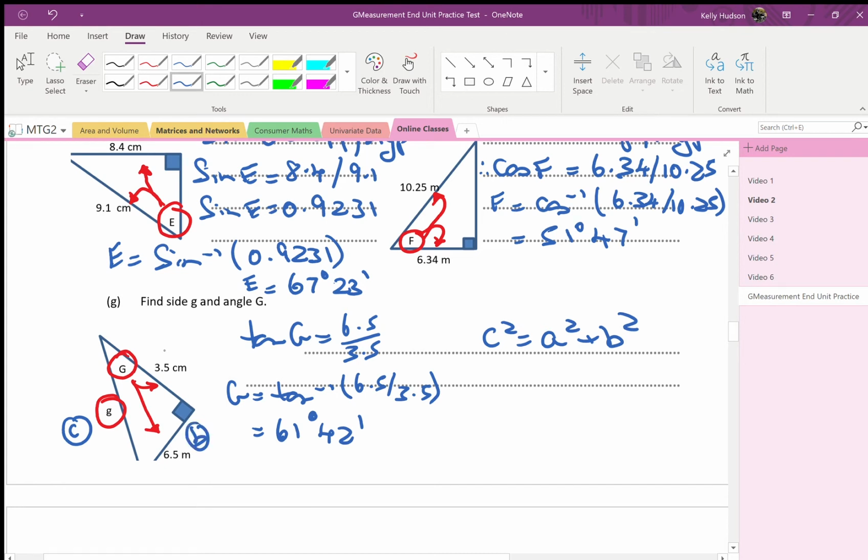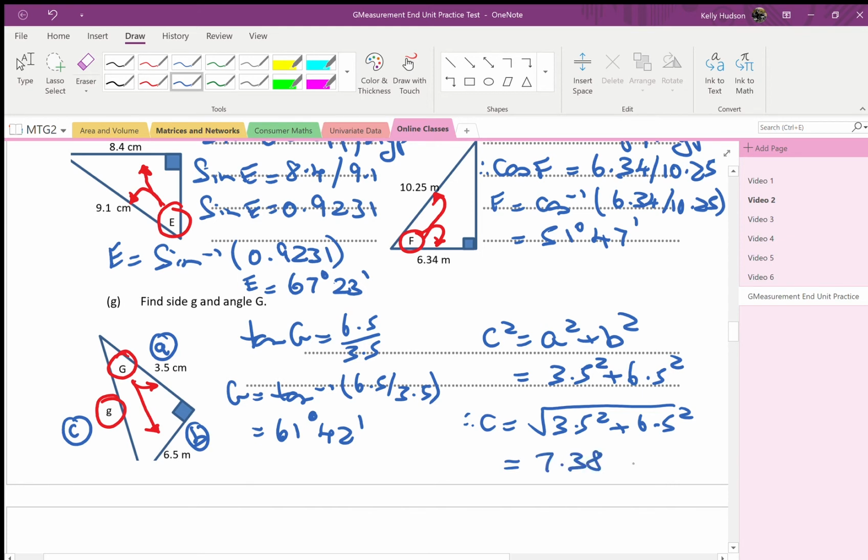I'm going to call this one the a. So my a is 3.5. My b is 6.5. So therefore c is equal to the square root of 3.5 squared plus 6.5 squared. So I work out the squareds, then take the square root of it, and I end up with 7.38 meters. Okay, so that's using Pythagoras, that's using our sine, that's using our cos, and that's using our tan to calculate our different values.